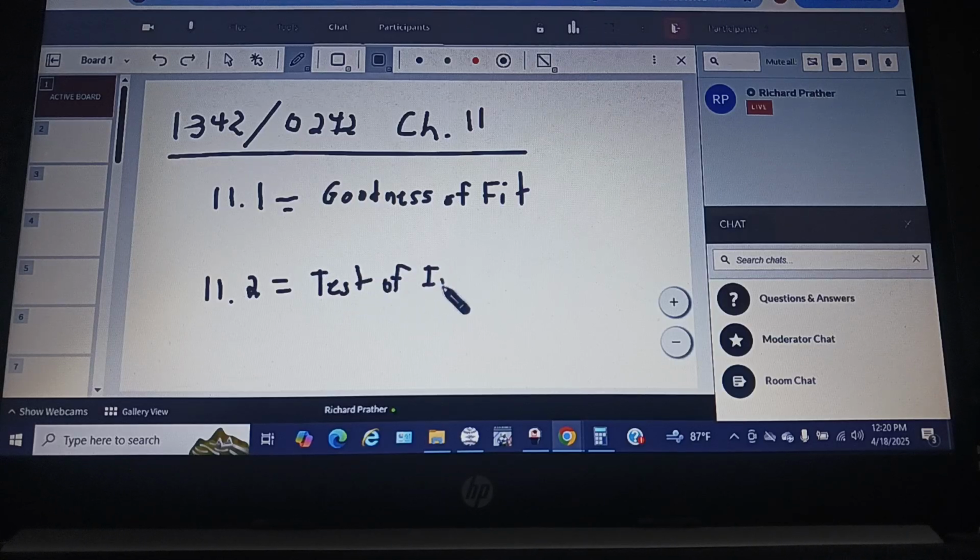Test of independence. So if I have two sets of categories, you might have gender on the side, male and female, and then the top might be a preference of something like Coke, Pepsi, or Sam's Club.